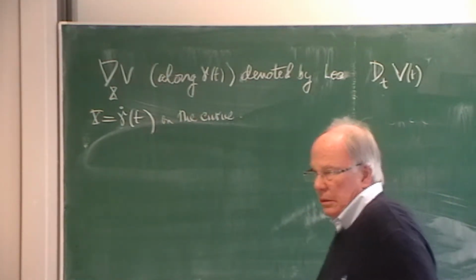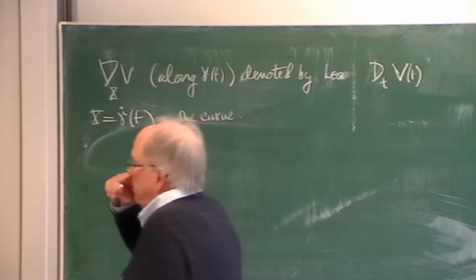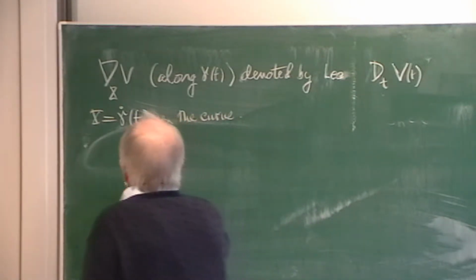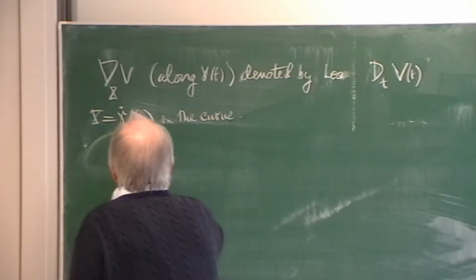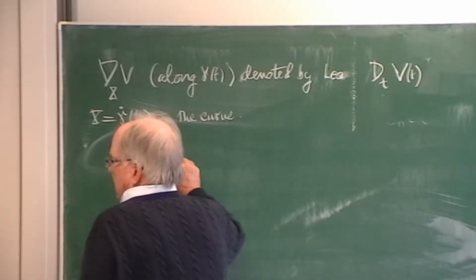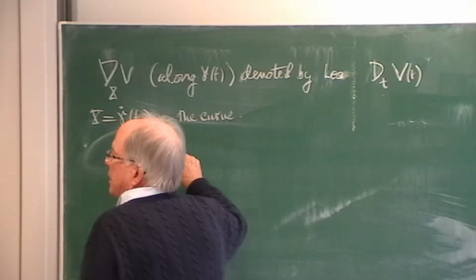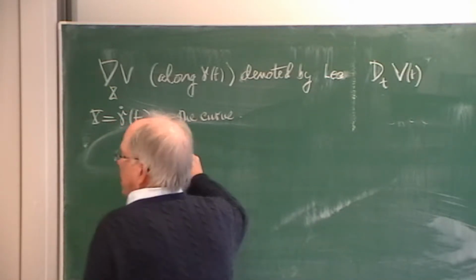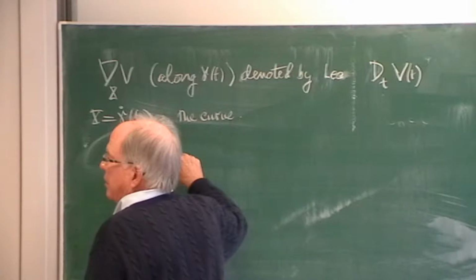And let's compute it. So this says nabla of gamma point of V. What is V? Is V around here?